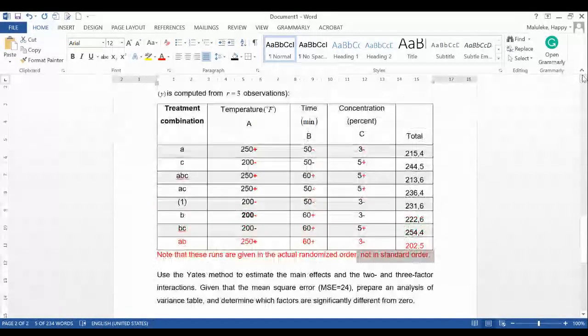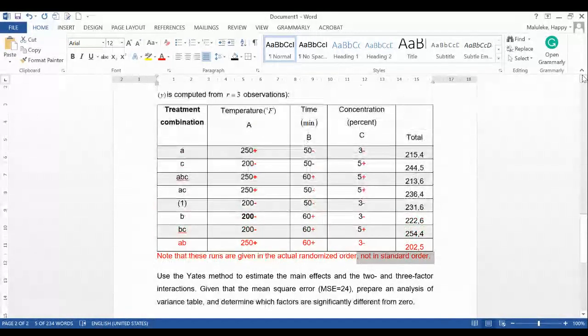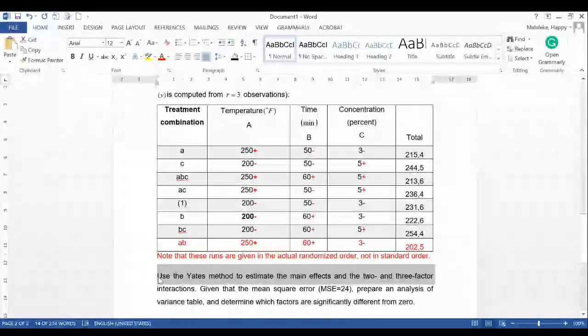Which method are we to use to solve this problem? We have to use the Yates algorithm and estimate the main effects, the 2 and the 3 factor interaction.